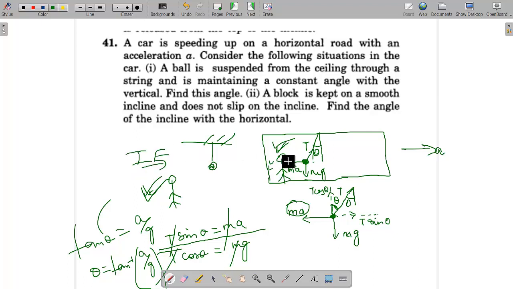We need not sit inside the car and unnecessarily apply a pseudo force, because if you sit inside the car, the acceleration will be seen in the opposite direction, and then you have to apply a pseudo force also. So there will be a lot of difficulties. Okay, so this is how you make the questions in non-inertial frame also.